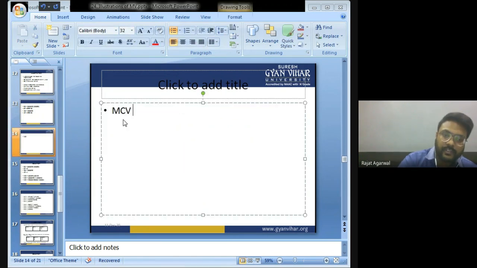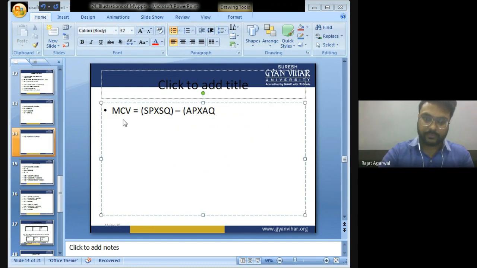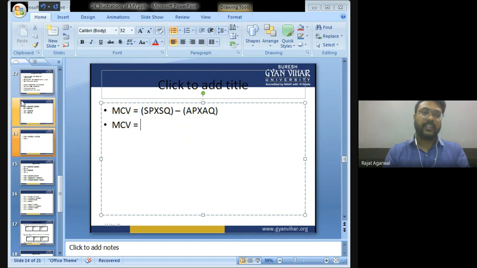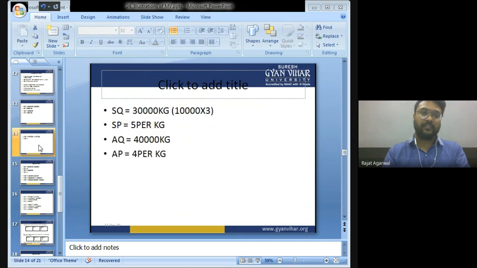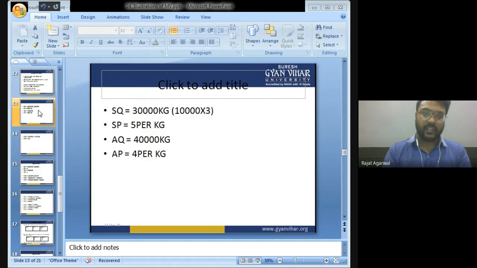Material cost variance. What is the formula of material cost variance? Standard price into standard quantity minus actual price into actual quantity. Standard price is 5 per kg, standard quantity is 30,000.